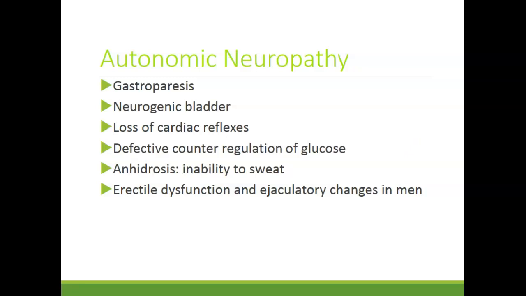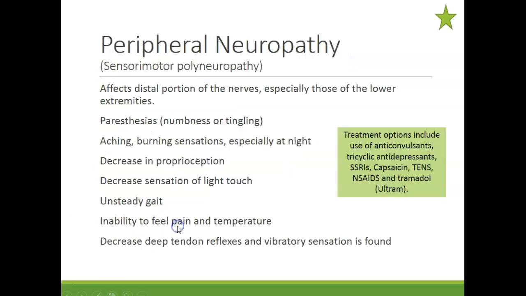Types of autonomic neuropathy, I talked about a little bit earlier, can be everything from gastroparesis down to erectile dysfunction. So outside of the peripheral neuropathy, that is pretty common. There are a lot of other effects to major organs throughout the body, as that chronic elevation of glucose levels can have a detrimental effect on the body.